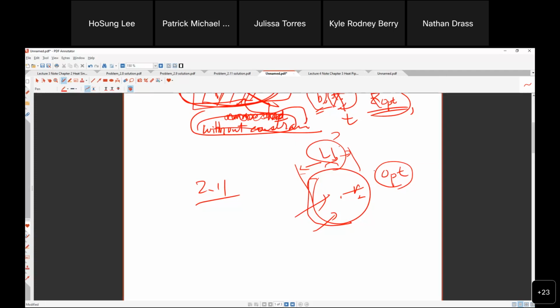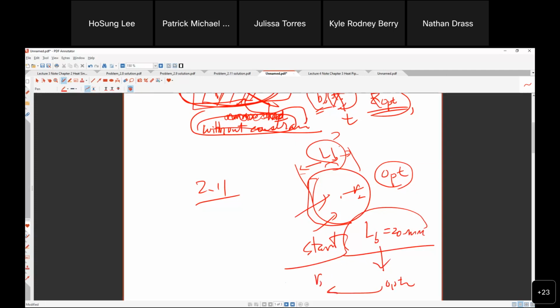So I suggested LB, maybe you can start. This is not correct, but whatever you assume, get the optimum and do the calculation. Then find R2. Once you have R2, then look at that.